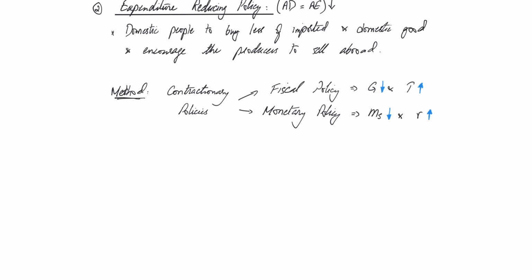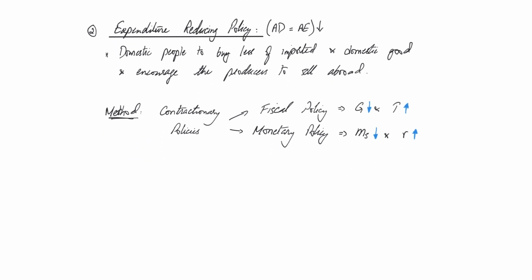The unemployment happens, GDP falls down, right? So it has that contractionary AD shifting to the left and all the problems coming with it. तो ये दो हमारी मेजर पॉलिसी है.